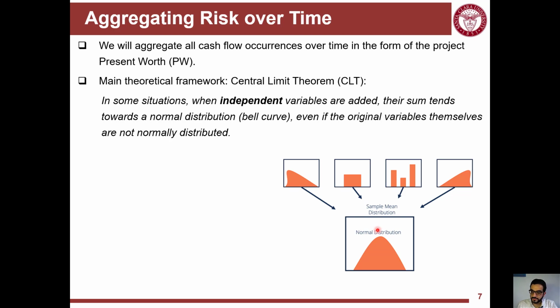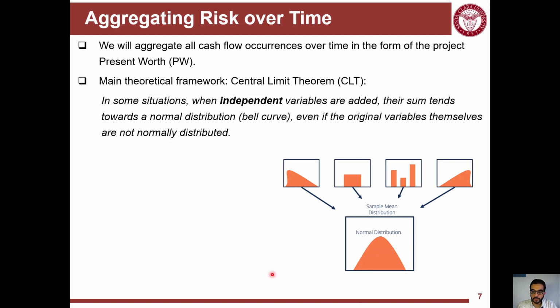So you can see here different variables, each following a different distribution: uniform, beta, skewed. When you add all of these, assuming there is enough number of them, not just two or three, the larger the number, the more you're following the central limit theorem. So the sum of these variables will follow a normal distribution, a bell curve.